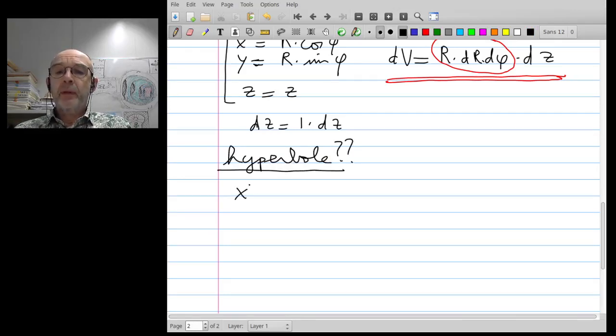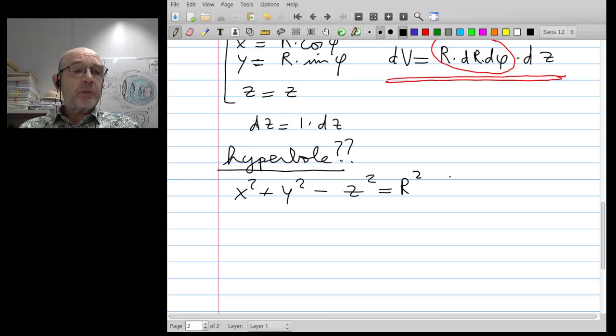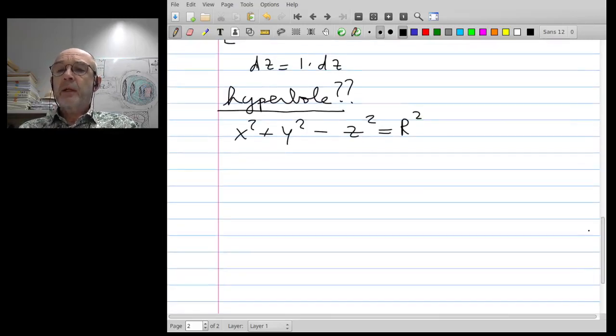So you have x squared plus y squared minus z squared is equal to r squared. And then, what to do then? If z is equal to 0, I see that x squared plus y squared is equal to r squared.